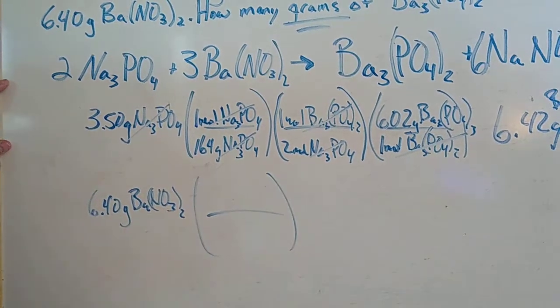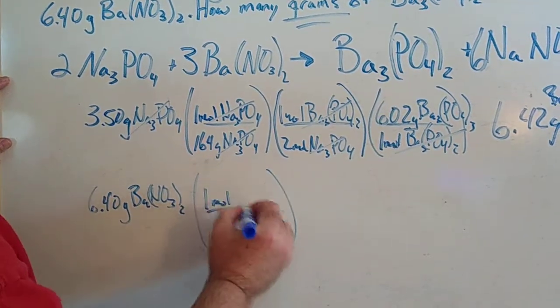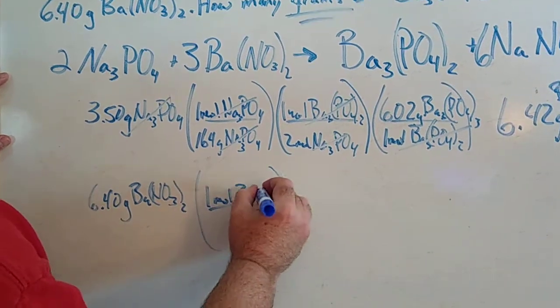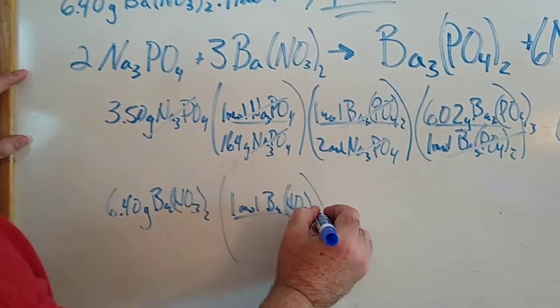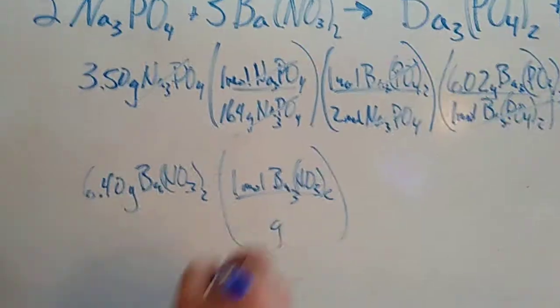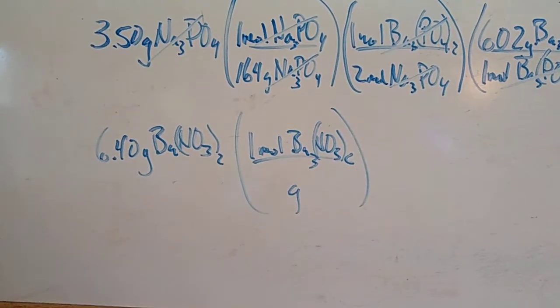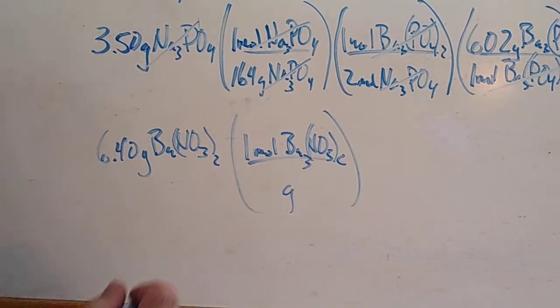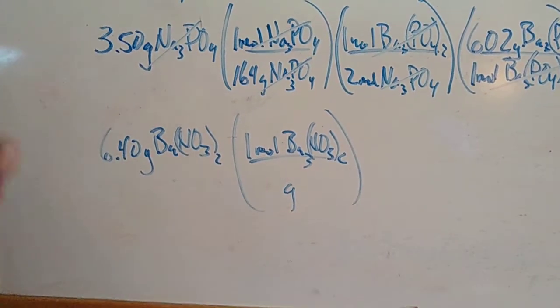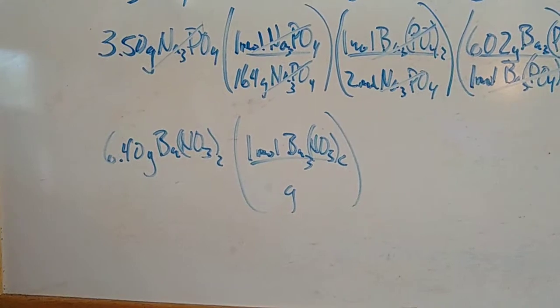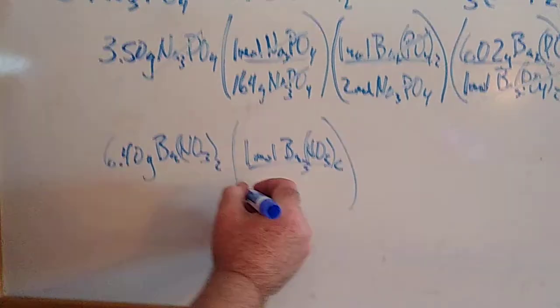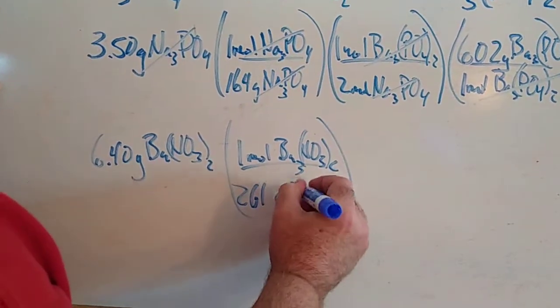First, we convert it into its moles. 1 mole barium nitrate is how many grams? Well, we calculate that up. This comes out to be 261 grams.